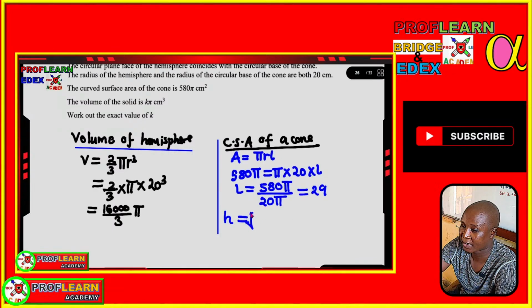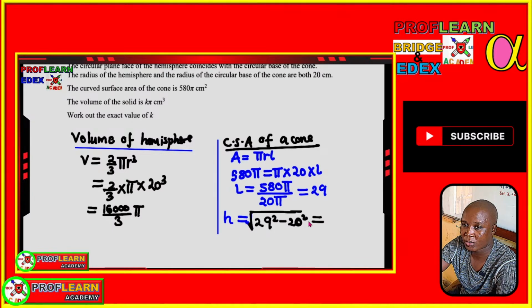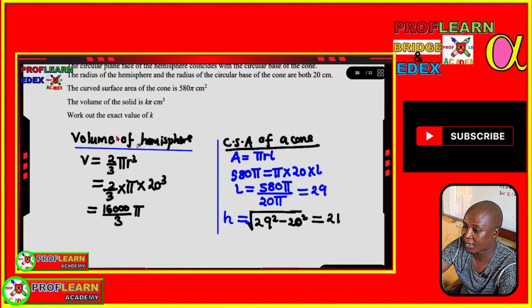So the slant height is going to be 29. Then in order to get the height, this is going to be square root of 29 squared minus 20 squared. We are using Pythagoras theorem because the height of the cone, the radius, and the slant height form a right angle triangle.